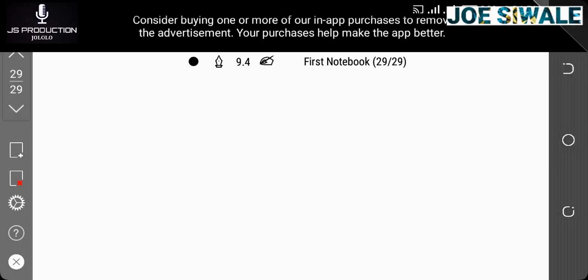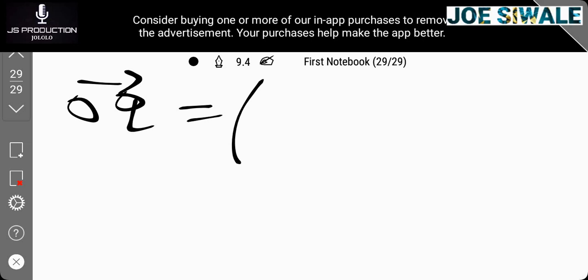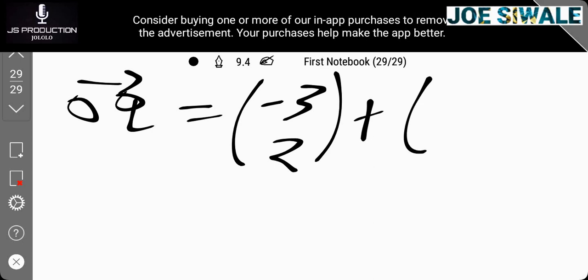So vector OQ is equal to (-3, 2) plus (1, 4).